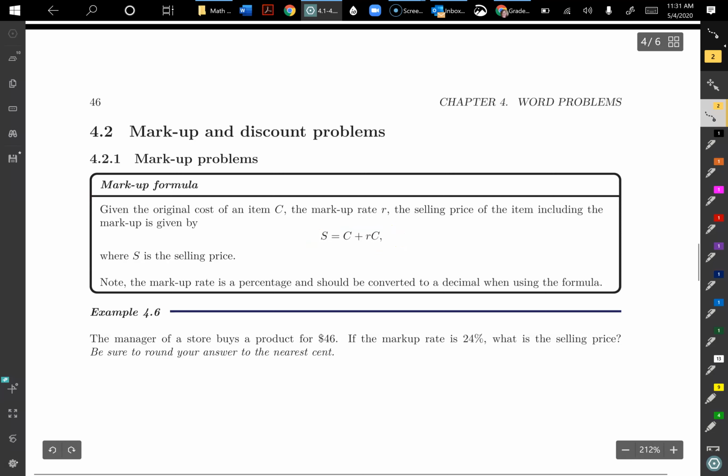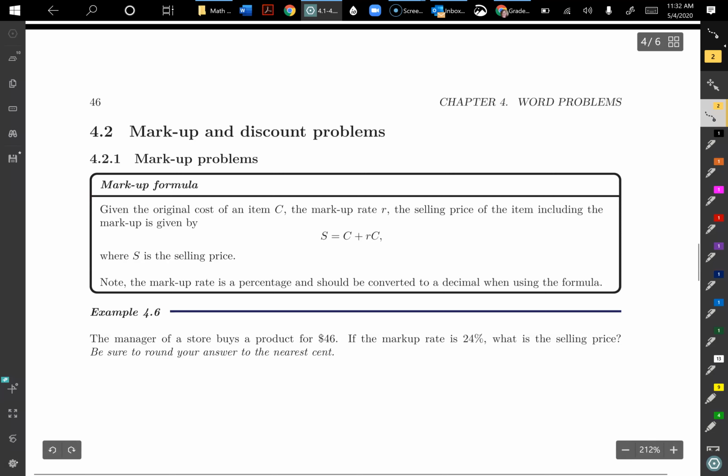So S is the selling price, so we're giving it a standard letter for this one. C is the original cost, the original cost to make the item, so we're not confused about which is which, the new one, the old one. And the markup is the cost times the markup rate.